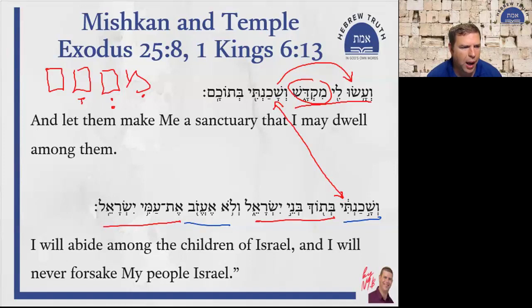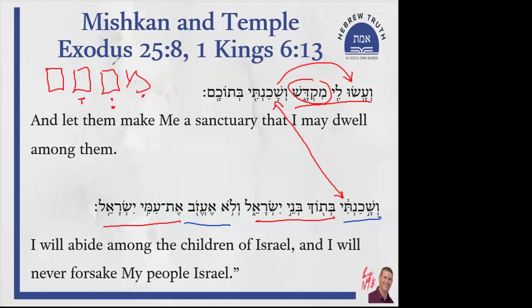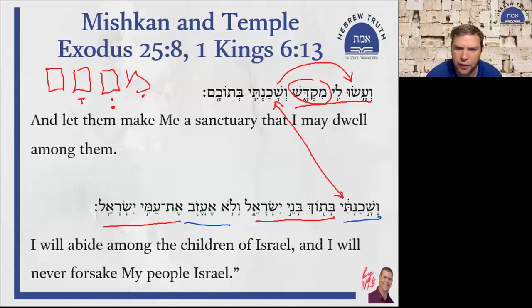So what would be the word for a dwelling place in biblical Hebrew based on the pattern that we've understood so far? Mishkan, exactly. So the word for a dwelling place is indeed Mishkan.